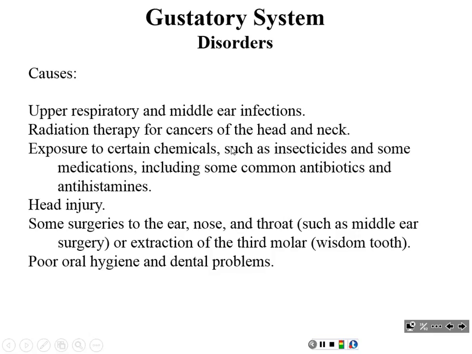Exposure to certain chemicals, insecticides, medications, including common antibiotics and antihistamines. Head injuries. Some surgeries can affect the ear, nose, or even the throat and affect the gustatory system. And poor oral hygiene and dental problems can also affect your gustatory system.